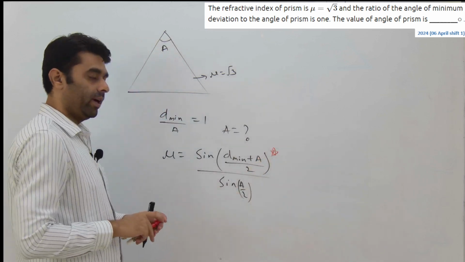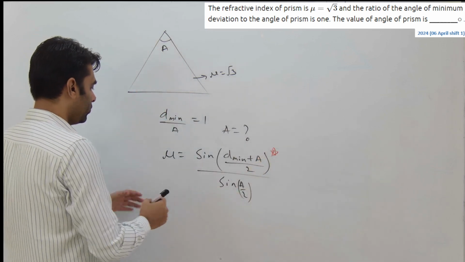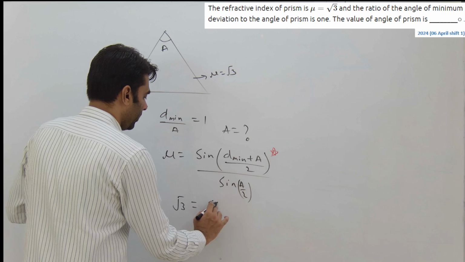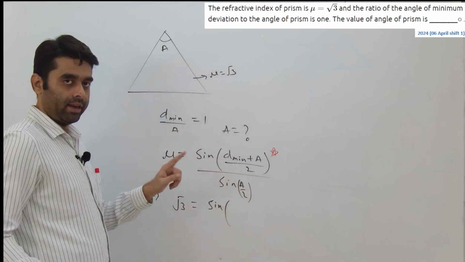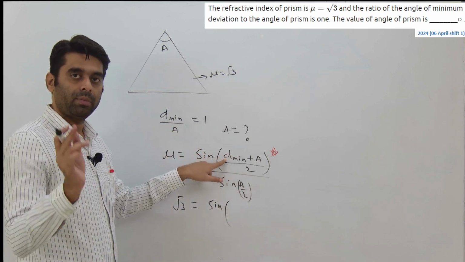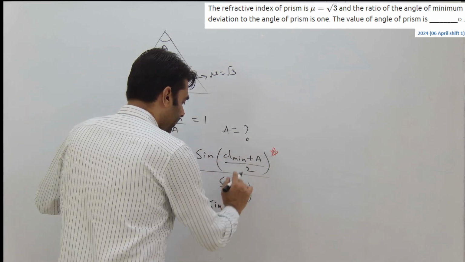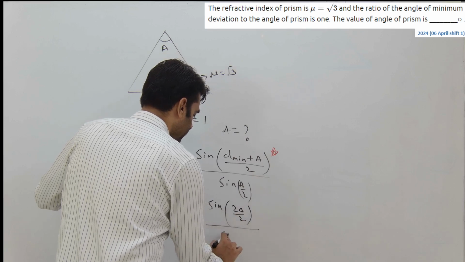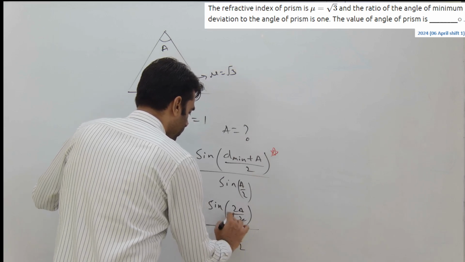So now let us use this. Mu is equal to root 3. I'll substitute all the values. Root 3 is equal to sine of (D minimum plus A) by 2, and D minimum and A are equal, so in place of D minimum I am keeping A. So A plus A is 2A, 2A by 2, divided by sine A by 2. 2 cancels out.